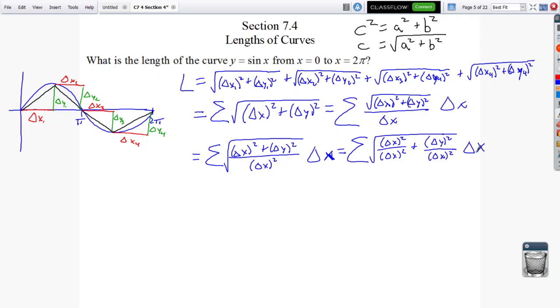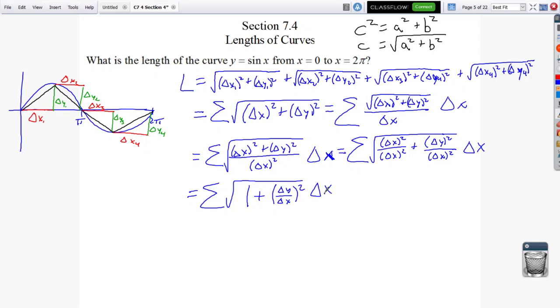Now I'm going to simplify those two fractions. First fraction, I see a number divided by itself, so this is going to become the summation of the square root of 1 plus, well, I see that the numerator and the denominator here are both squared. I can rewrite that as delta y over delta x, squared. And delta x is still going to hang out here.